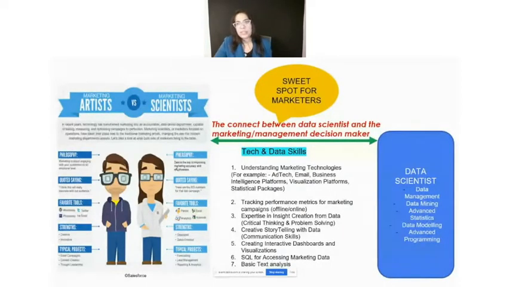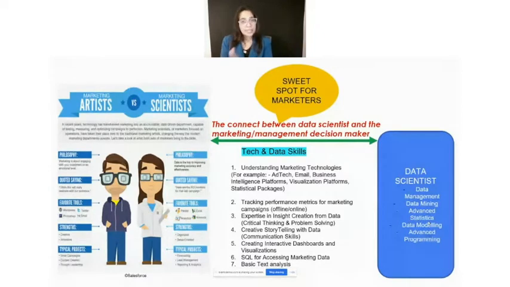So if you look at the overall analyst part of being a marketer, there's another range to it. Being a marketing analyst, you can go to the other extreme also. People often confuse a marketing analyst with a data scientist.